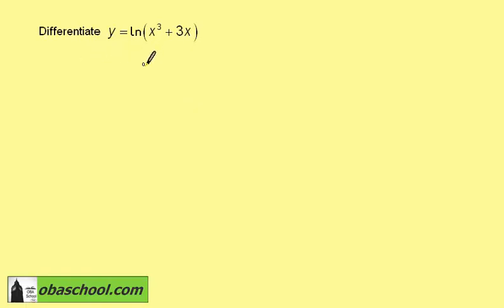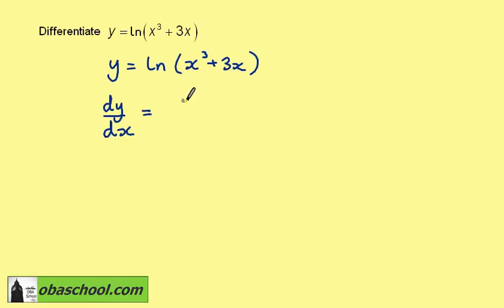We want to differentiate y is equal to the log of x cubed plus 3x. Once again we apply the chain rule, so we differentiate as if the inside function x cubed plus 3x is just x.